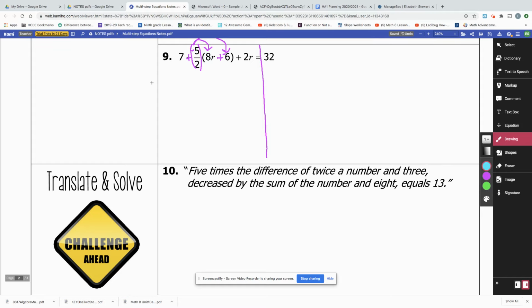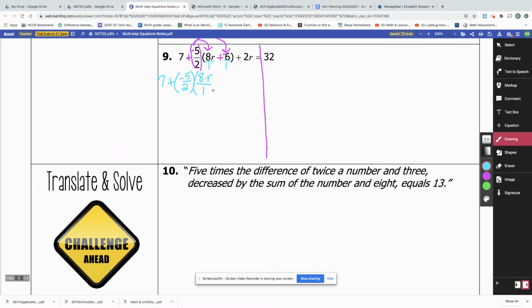So we have 7 plus negative 5 halves times 8 times r divided by 1. Guess I should have said that. When I have a fraction and whole numbers and I'm distributing, it's always nice to put it in fraction form, and any number divided by 1 is itself.